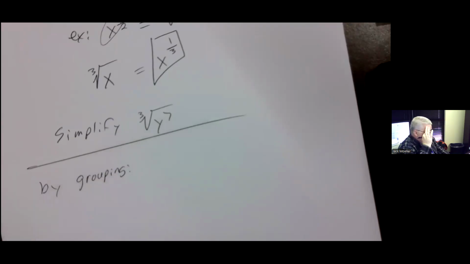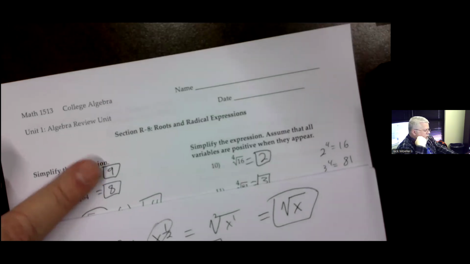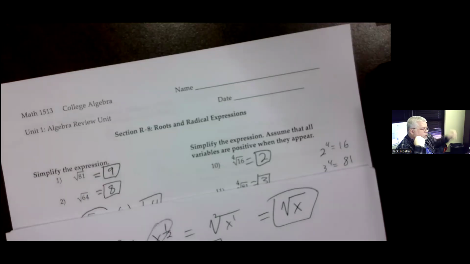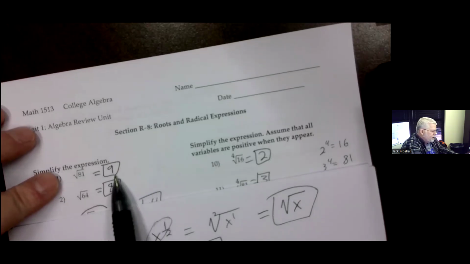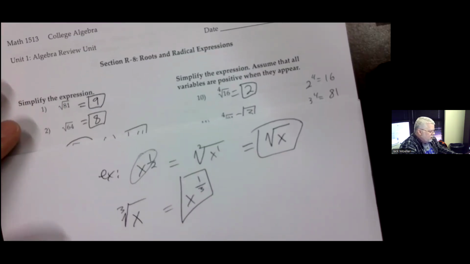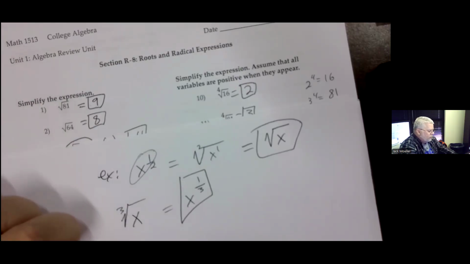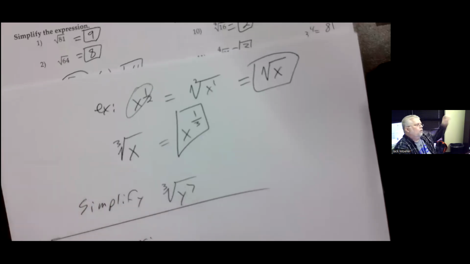When we simplify radicals, like the square root of 81, the reason it's 9 is that we're trying to pull the perfect squares and perfect cubes outside the radical and then see if there's anything left over. For perfect squares, nothing was left inside the radical because 9 times 9 was 81. In the grouping method, we want to find perfect squares, perfect cubes, perfect fours, whatever the radical is, and for every one of those, we pull one out.